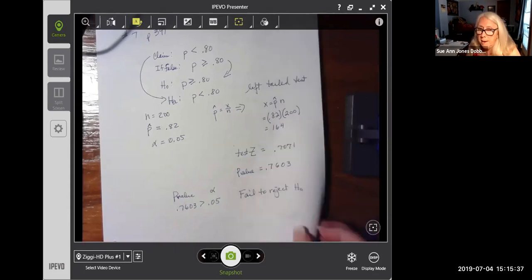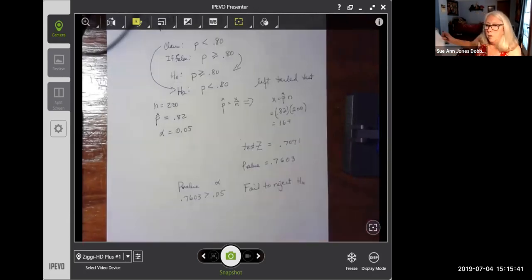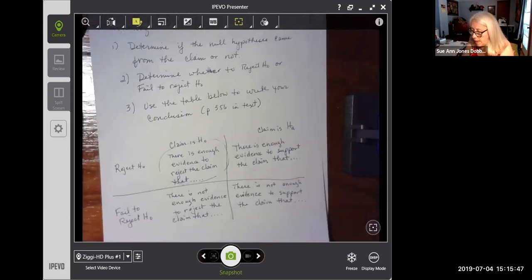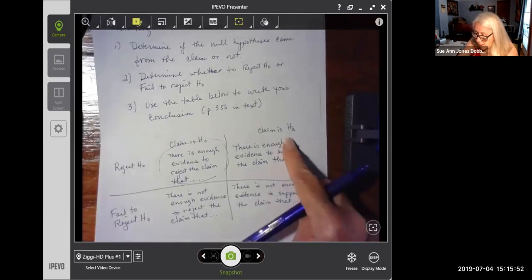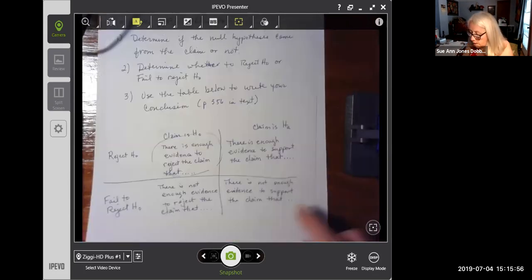Okay? And we failed to reject, so here we want to write the conclusion. The claim became the alternative hypothesis here. See, claim became the alternative. Okay, and we failed to reject.